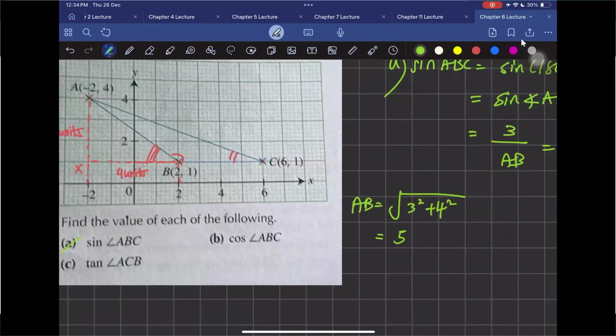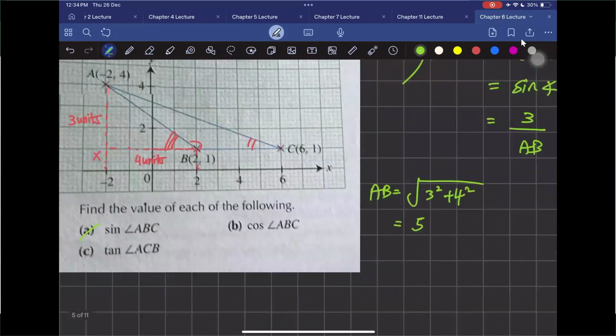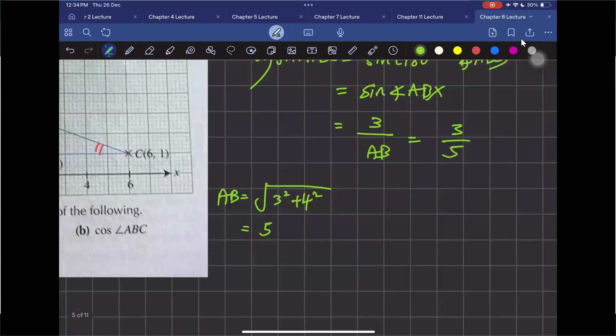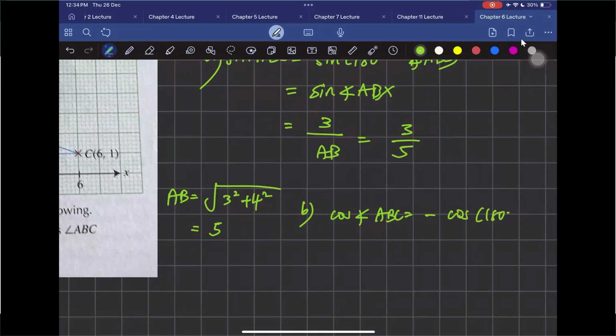Okay. Then your next part, your cos ABC is equal to negative cos of 180 degrees minus ABC, which equals negative cos angle ABX.